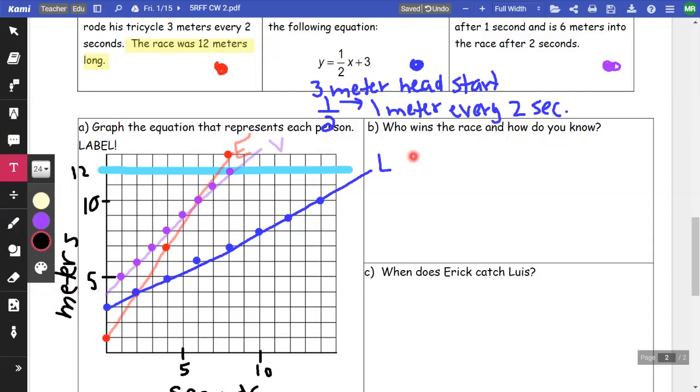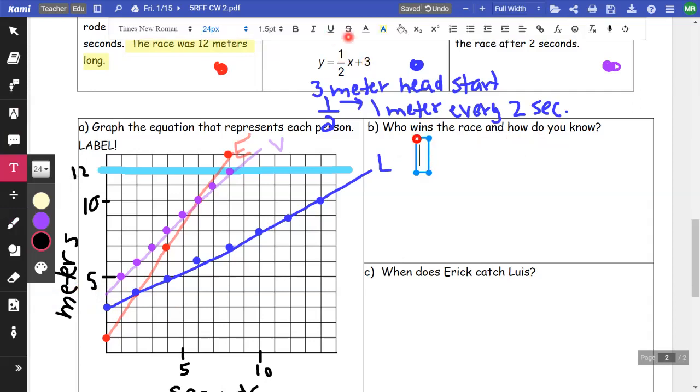Let's see, I think I'm going to type this in. Who won the race? Let me just get some color here. So when you're looking at who won the race, you're looking at who got there the fastest. So 1 second, 2 seconds, 3, 4, 5, 6, 7.